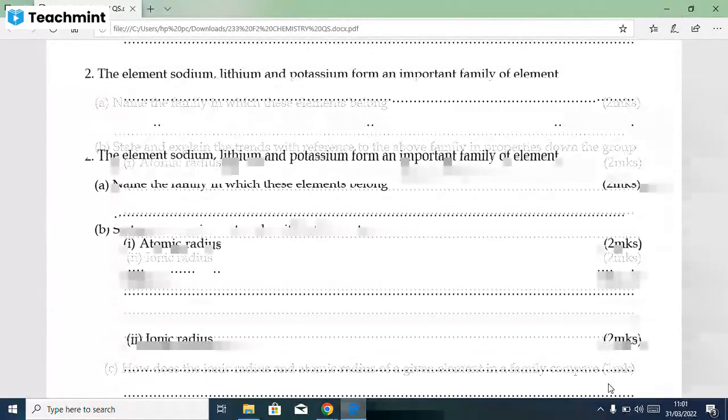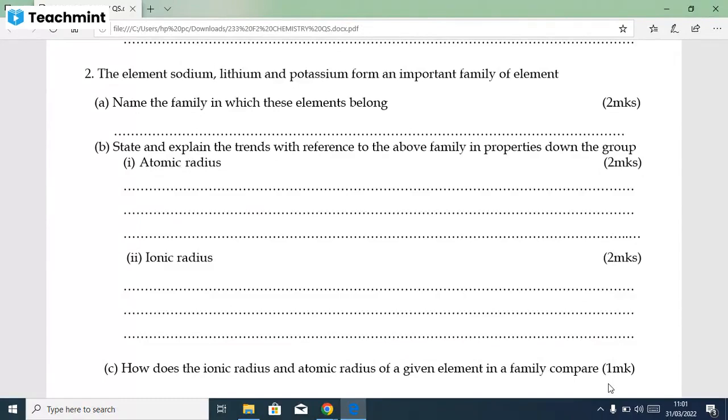Ionic radius. Does it increase or decrease down the group? Just make a try. Ionic radius also increases. Very correct. Explain, because the question is state and explain. Ionic radius increases down the group.